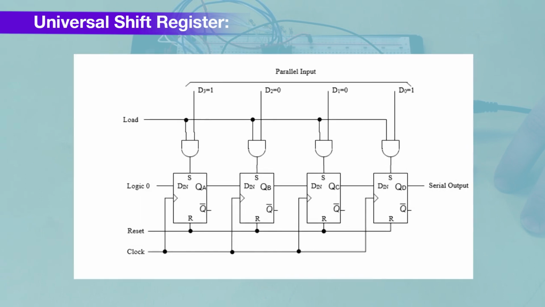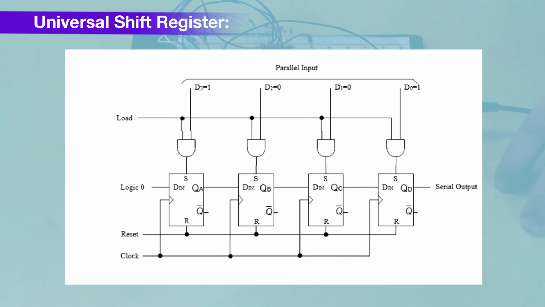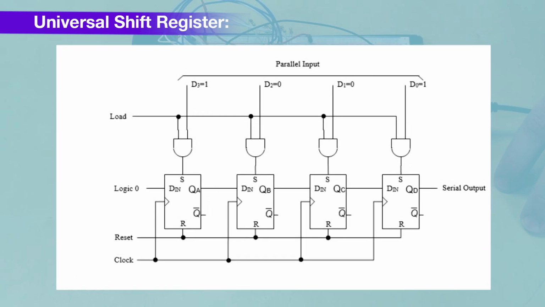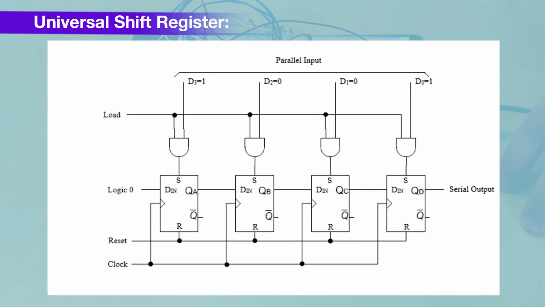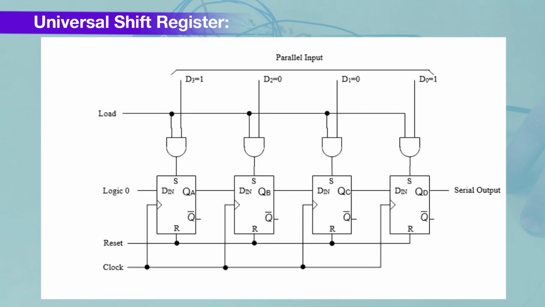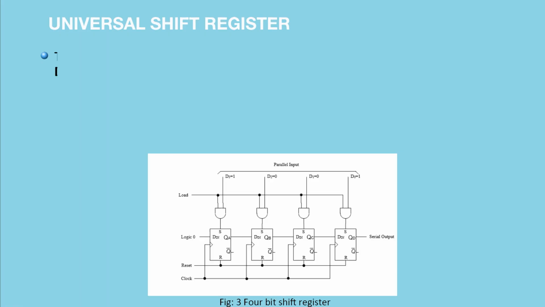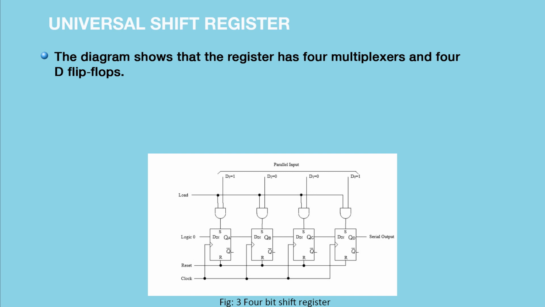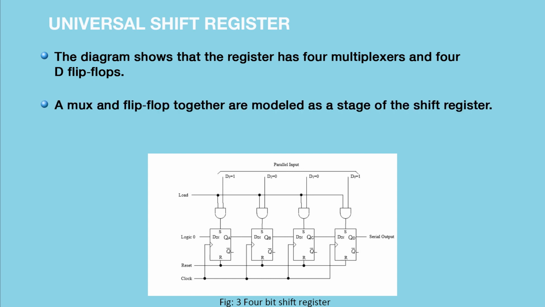A structural model of the universal shift register can be described by referring to the logic diagram of the figure. The diagram shows that the register has 4 multiplexers and 4 D flip flops. A mux and flip flop together are modeled as a stage of the shift register.